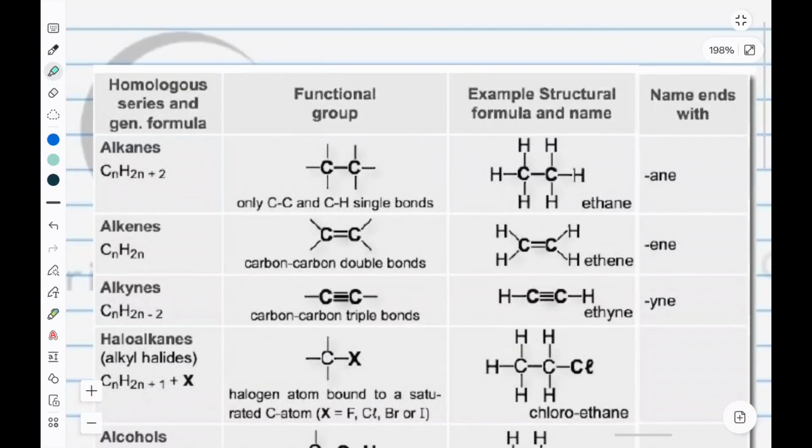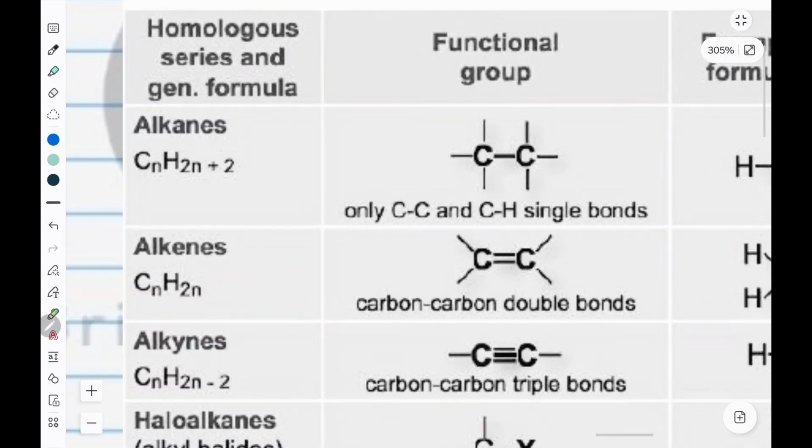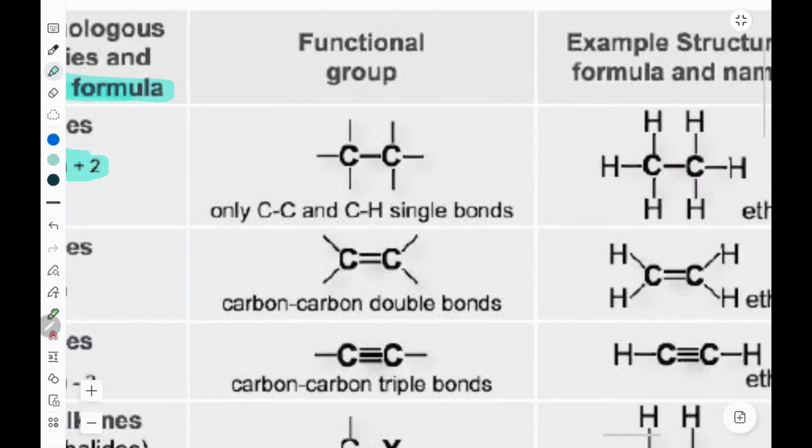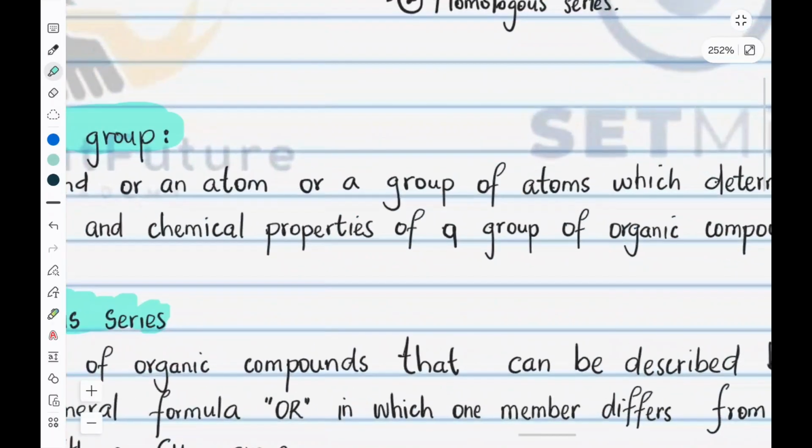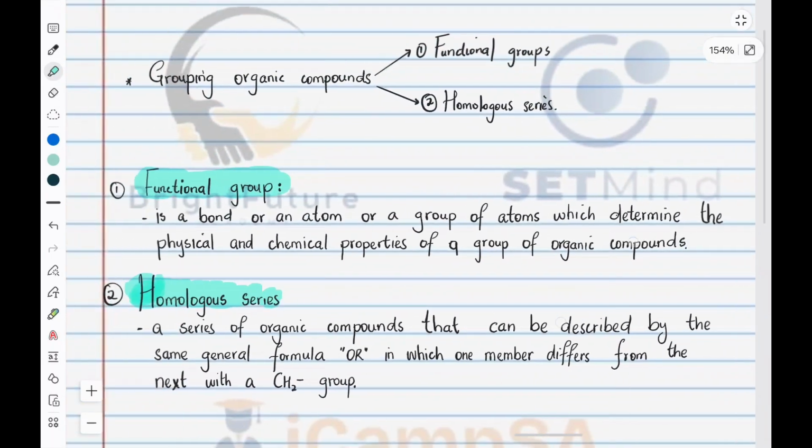Alkanes, we have a general formula for alkanes, right? The general formula for alkanes is CnH2n+2, right? And then the functional group, if you remember, we said a functional group can be a bond, an atom or a group of atoms, which determines the physical and chemical properties of a group of organic compounds, right?